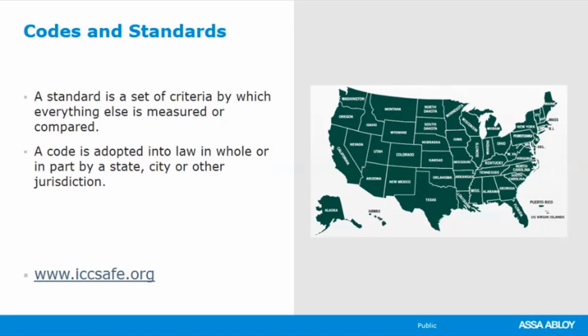So the egress calculator will have a drop-down menu so that you can select your appropriate version of the IBC based on your project state. If you're not sure, or if you don't have a life safety plan, www.iccsafe.org is an excellent tool to bookmark, and you can search for the state to find out which edition of the IBC is in effect.